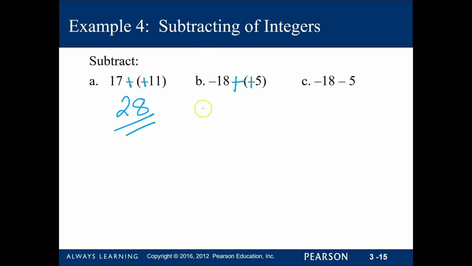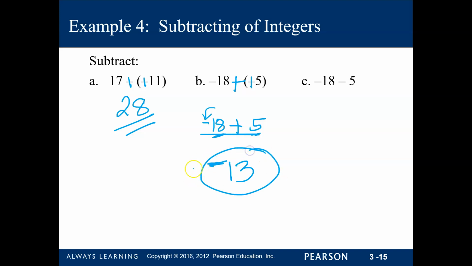Now we have negative 18 plus 5. Let's go back to the rule of addition. If you are adding different signs, we subtract the numeric values. So 18 minus 5 is 13. Which one has the higher value? 18 is higher, and the sign of 18 is negative. So our answer is going to be negative 13.